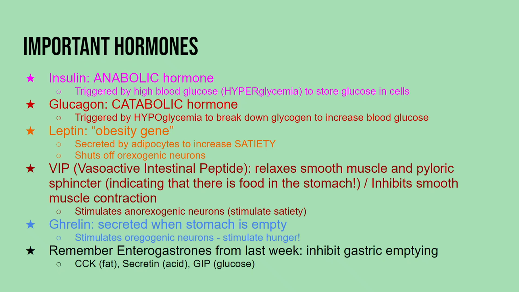So there's one more intermediate step. The anorexigenic neurons stimulate the paraventricular nuclei, which then release leptin. And leptin is a hormone, like we have up there, which then causes satiety.